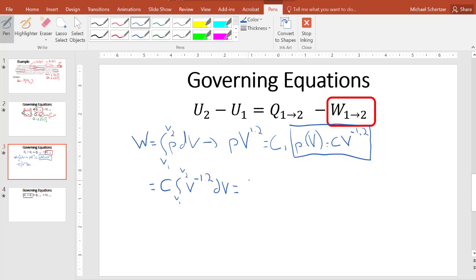To integrate this, first I take c, I divide by negative 0.2, and then this is going to be v to the negative 0.2 from v1 to v2. I can evaluate this, so then I would get c over negative 0.2 times v2 to the negative 0.2 minus v1 to the negative 0.2.